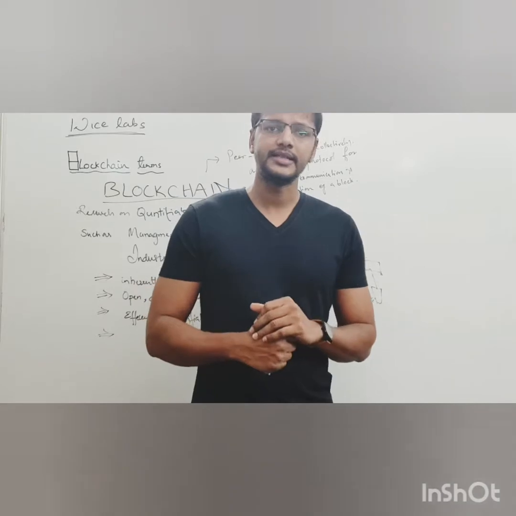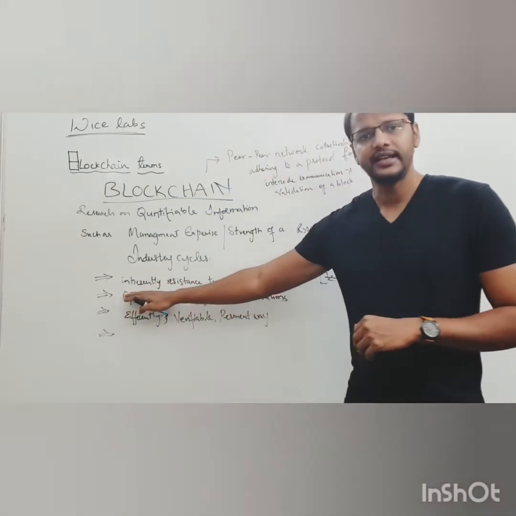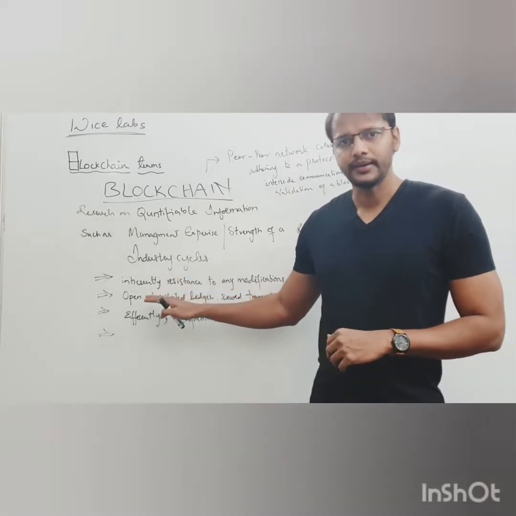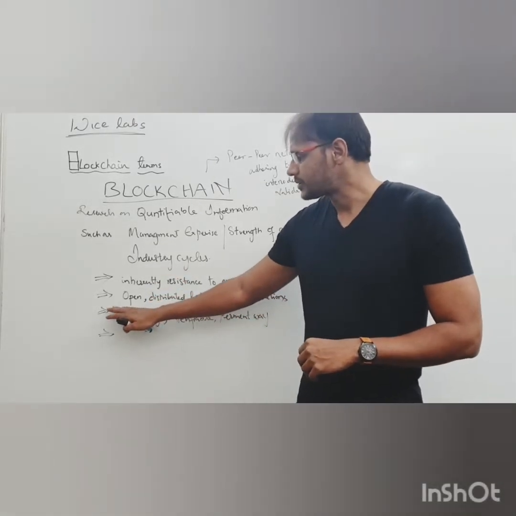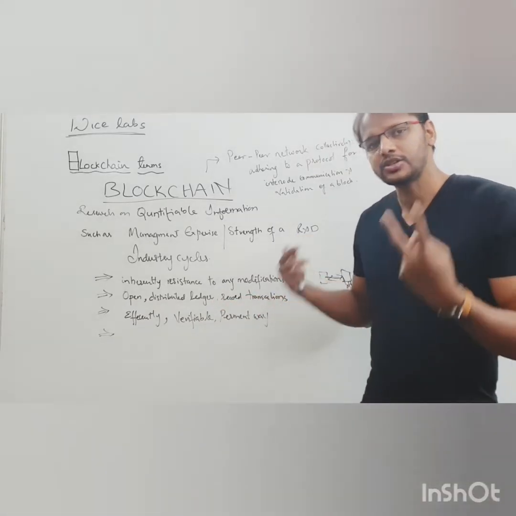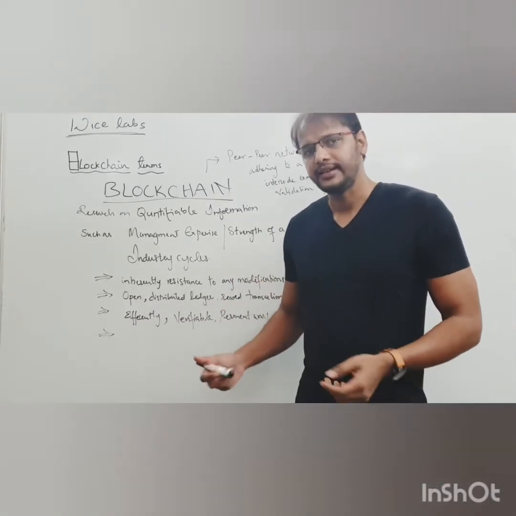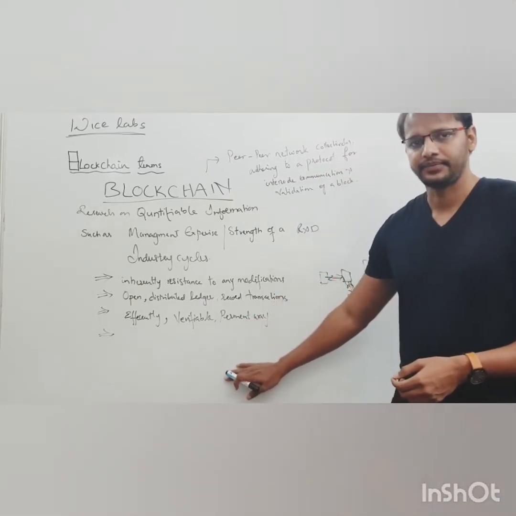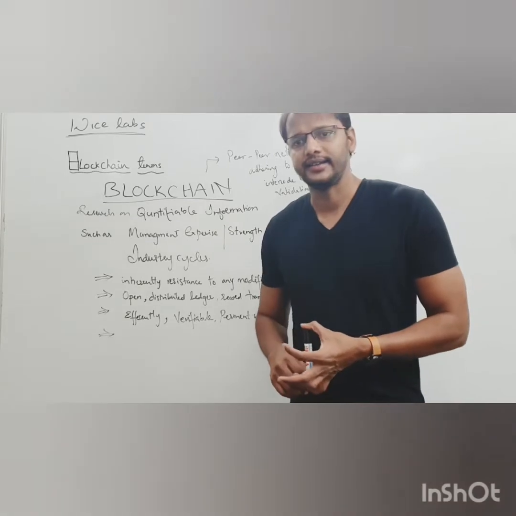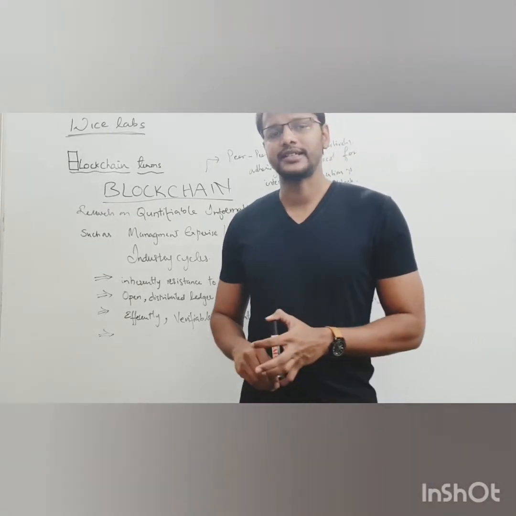Its properties are, as I said, that it is inherently resistant to any modification of the data within the block, and it is also called an open distributed ledger, which can record transactions between two parties efficiently, in a verifiable manner and a permanent way. So that's the blockchain, and I hope you understand what the blockchain term is.